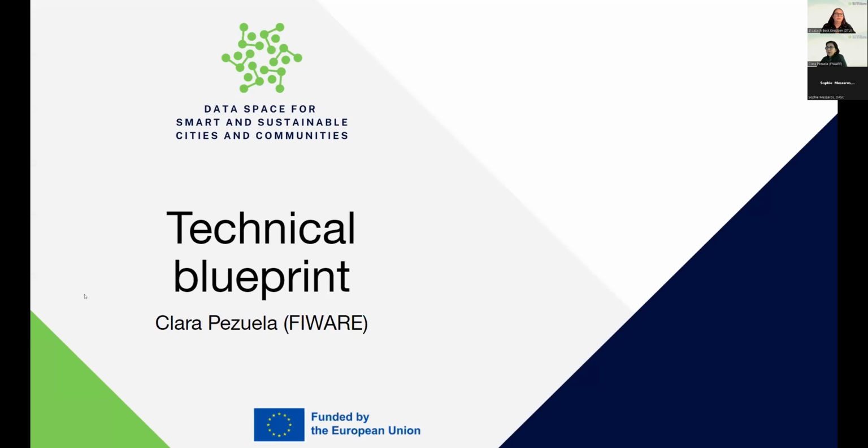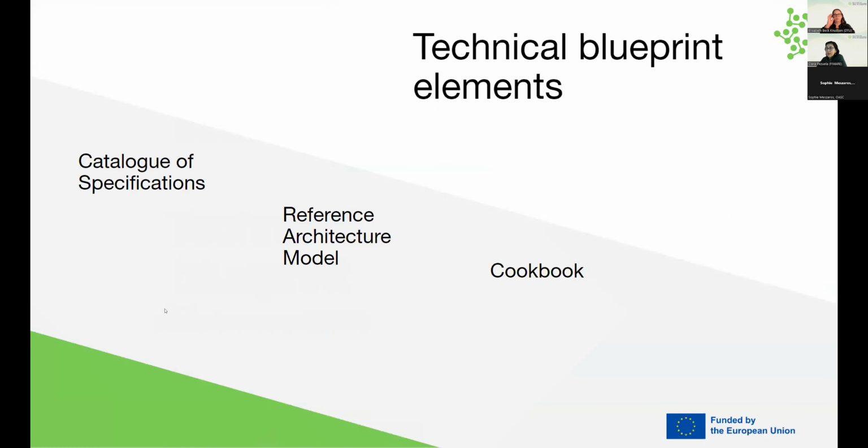Okay, so this time I'm going to give you a summary of what we did in regards to the technical blueprint. As Sophie said, the main elements included in this technical blueprint, which we have delivered through the project website and through different material, are the catalog of specifications, the reference architecture, and the cookbook.